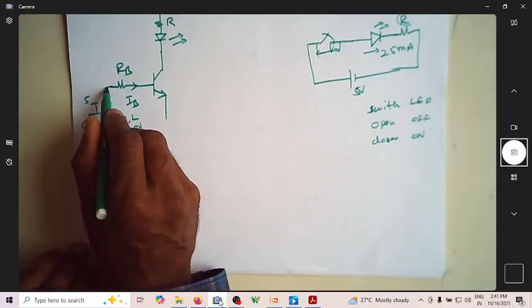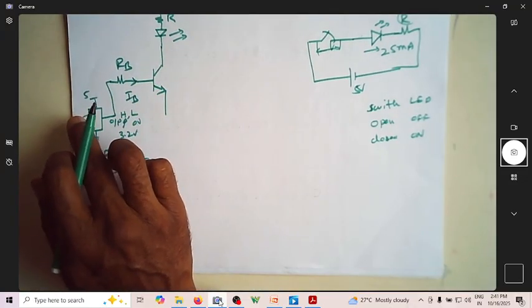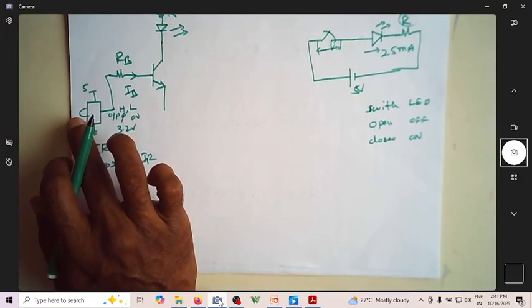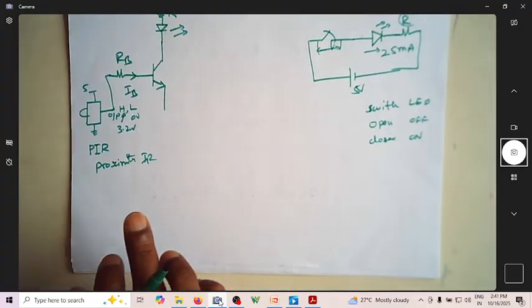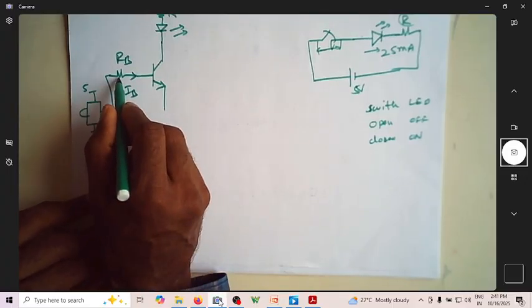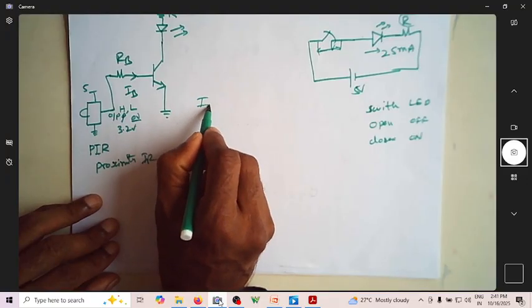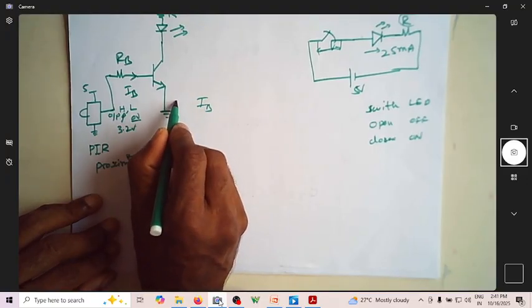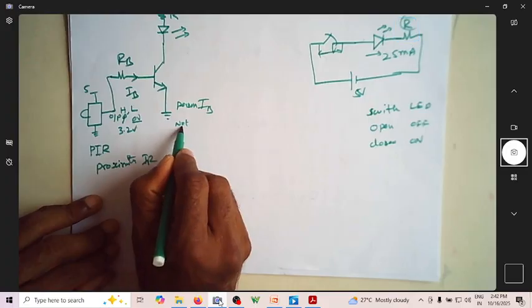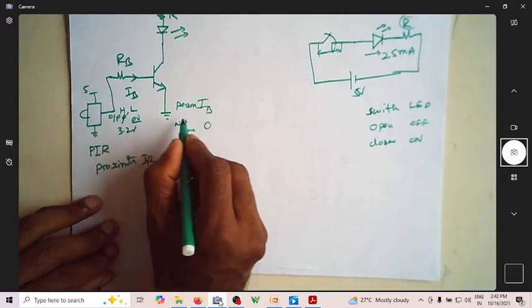Assume that this output is given to this. Now, what should happen? When a person is detected, the LED should glow. When there is no person close to this sensor, the light should be off. When there is no person, the output is zero, so IB is zero. Since this is low, IB is 0.